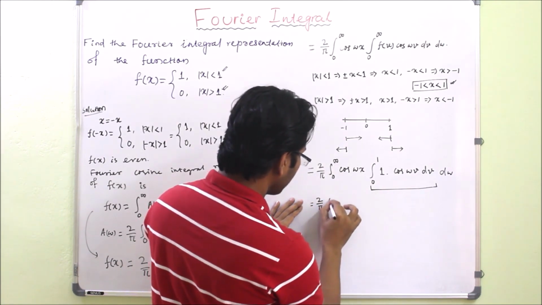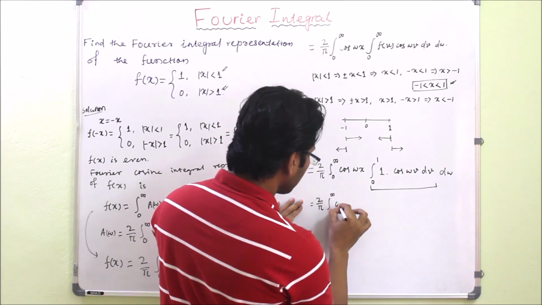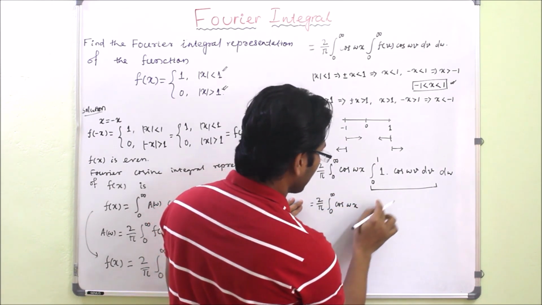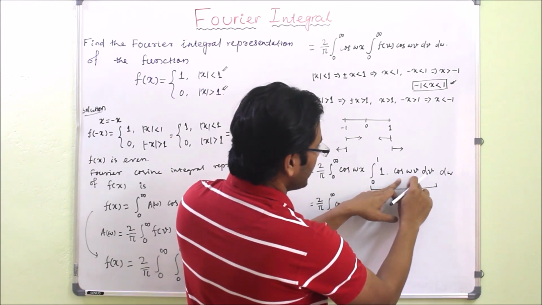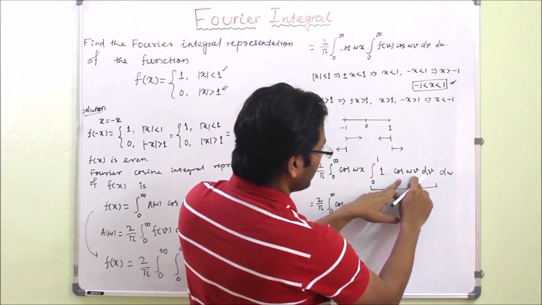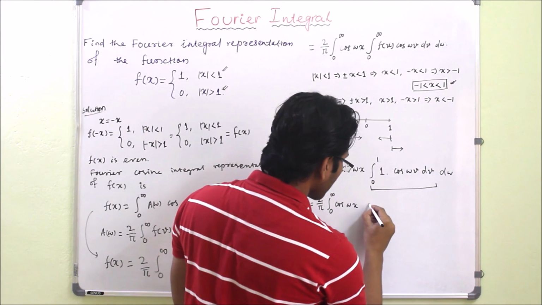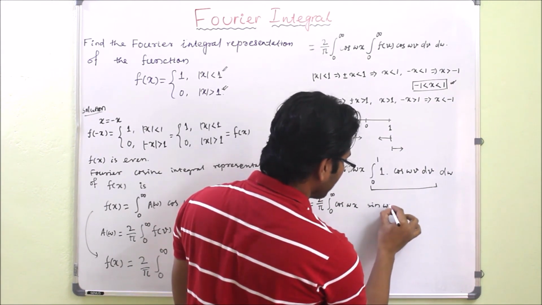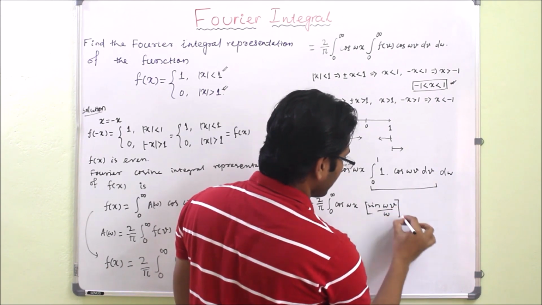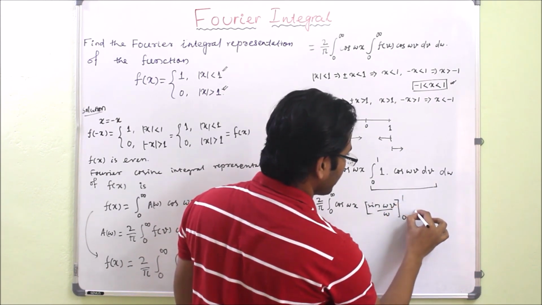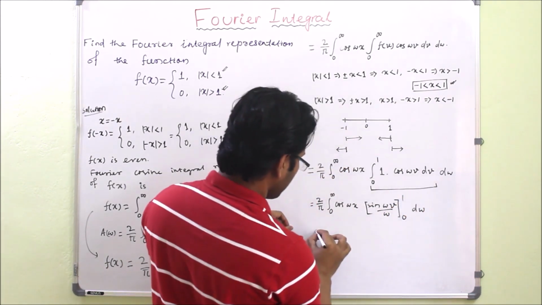So we get 2 by pi, integral 0 to infinity cos wx, and the integration of cos wv is sin wv by w, from 0 to 1, dw.